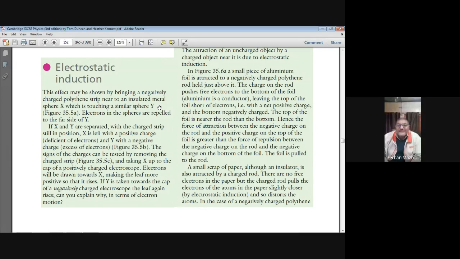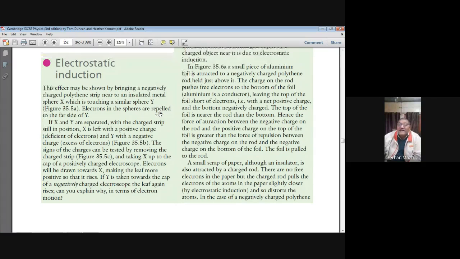A small scrap of paper, although an insulator, is also attracted by a charged rod. There are no free electrons in the paper, but the charged rod pulls the electrons of the atoms in the paper slightly closer by electrostatic induction, and so distorts the atoms.